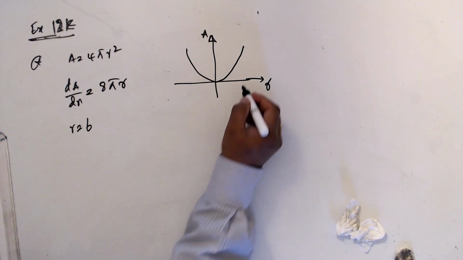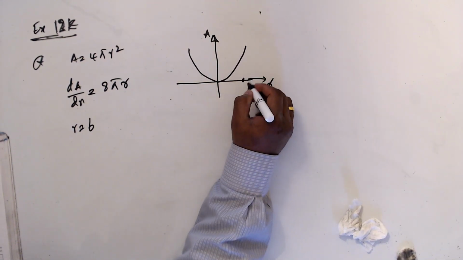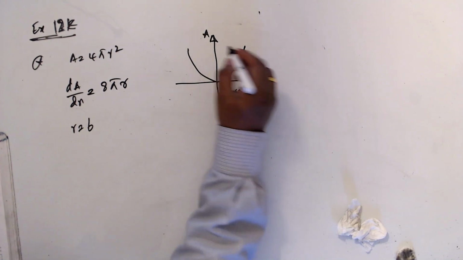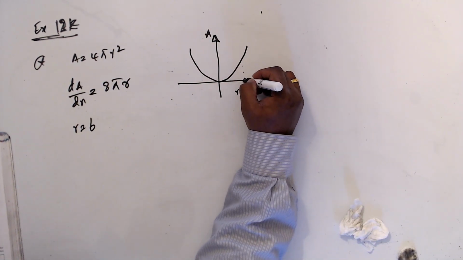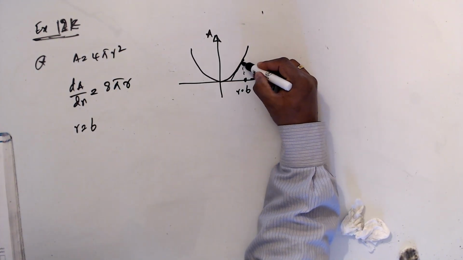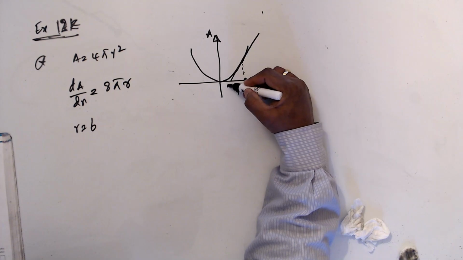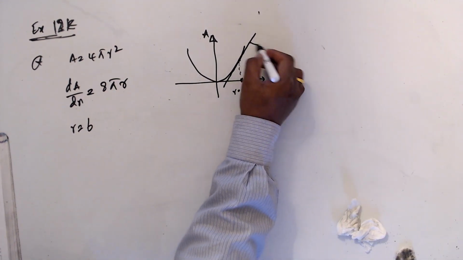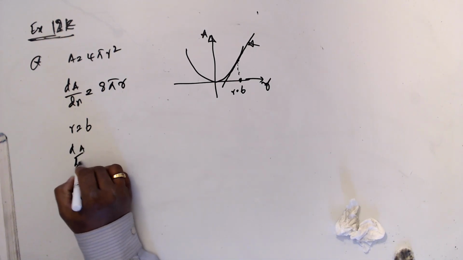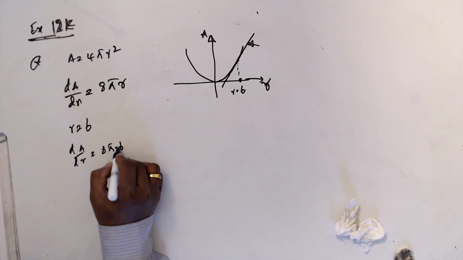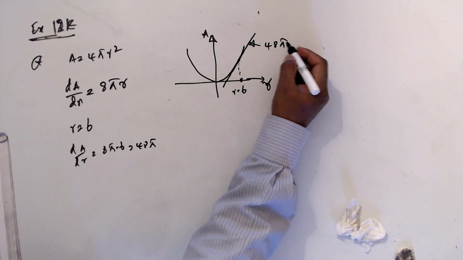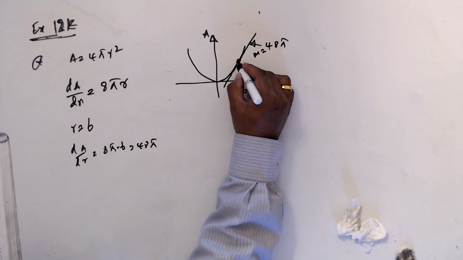What is the meaning of that? Let's say this is r equals 6. This is r and A. So what is this point? What is the gradient of the tangent line? So this tangent line value is dA over dr at 6, which is 48 pi. So the gradient is 48 pi at this point.